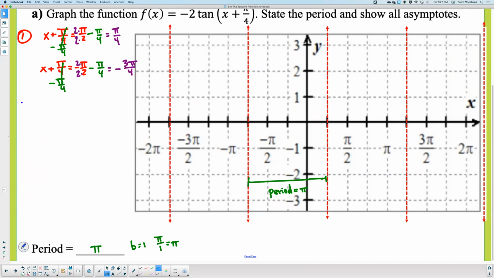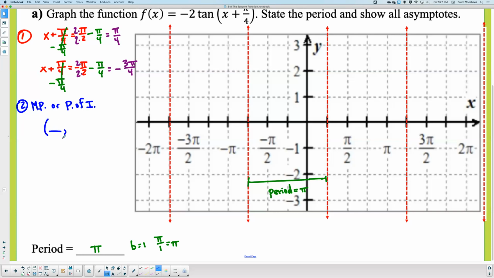Okay, step 2. What's step 2? Midpoints. And maybe I should have called those points of inflection. I'll just do MP or points of inflection. Maybe that's a better way of saying it, because mathematically that's what they are. We know we're going to split the asymptotes. So we split the asymptotes.